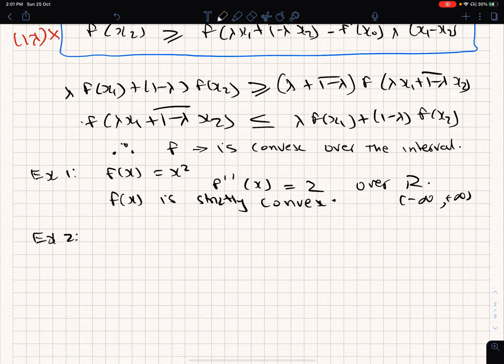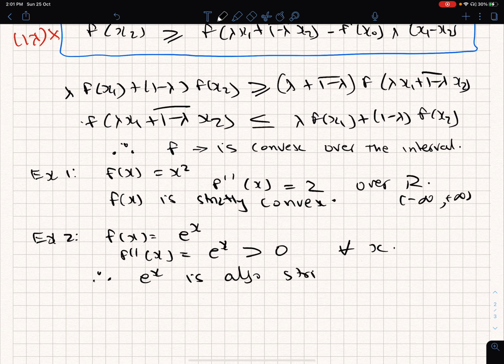Next example. Let us look at the function f of x is equal to e to the power of x. What is f double dash of x? Again e to the power x, which is strictly greater than 0 for all x. Therefore, the second derivative being strictly greater than 0 means we can say that the function is strictly convex.